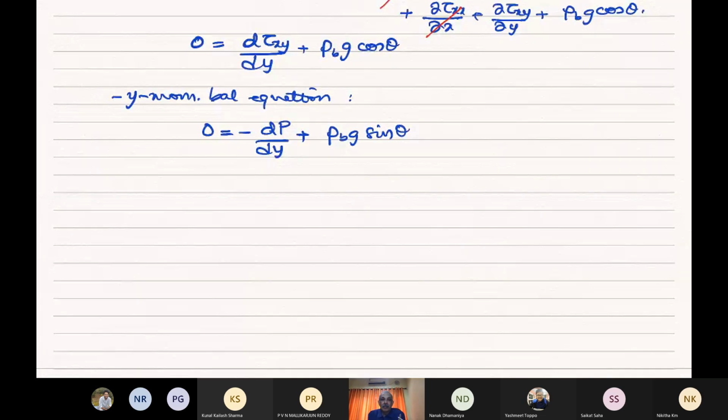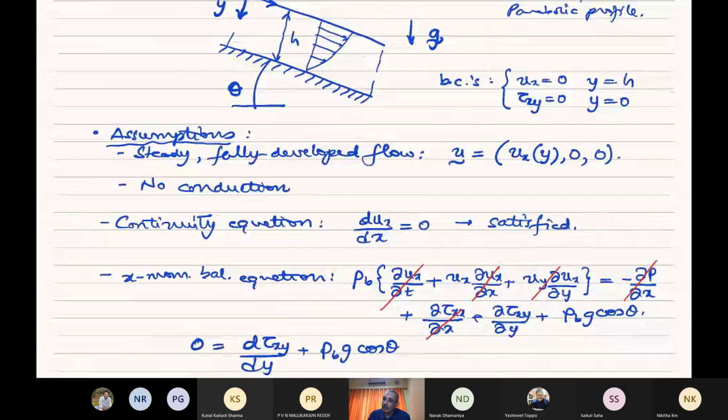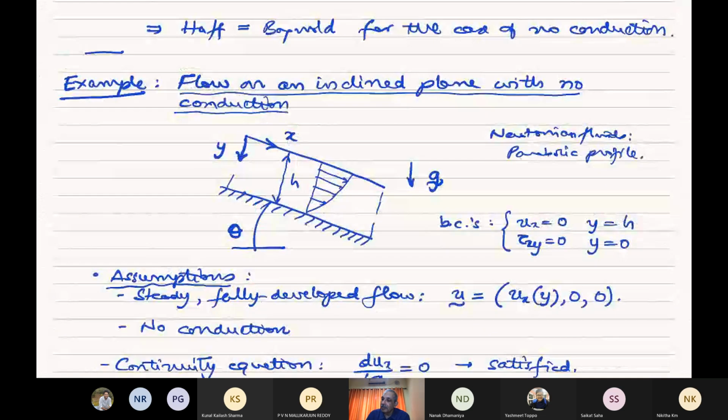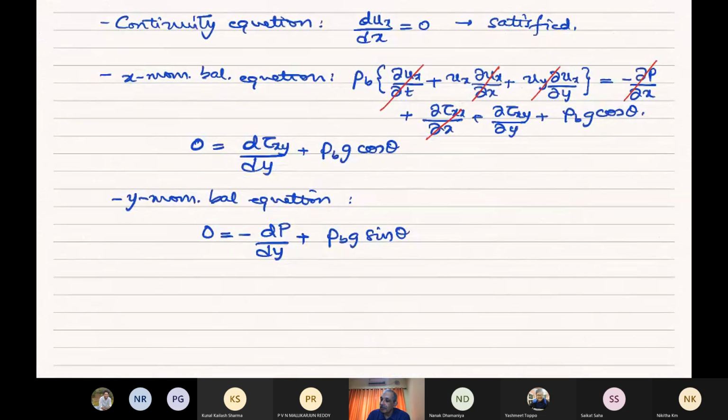This is the y momentum balance. So essentially what it says is that the pressure will be 0 at the free surface, but then as you go down, the pressure will increase.